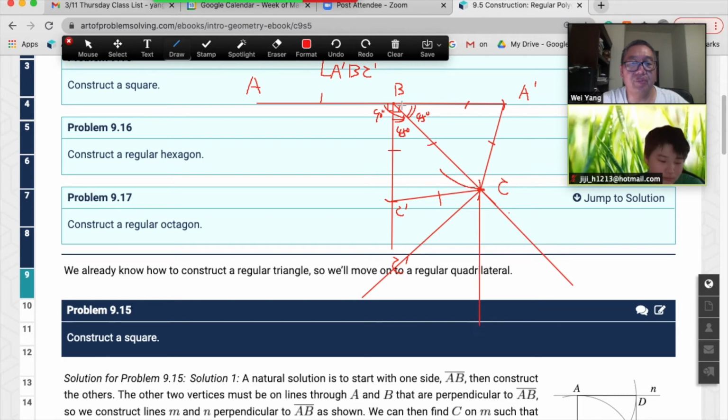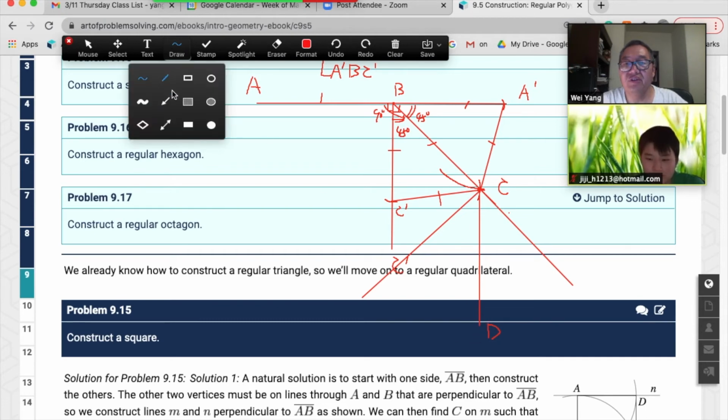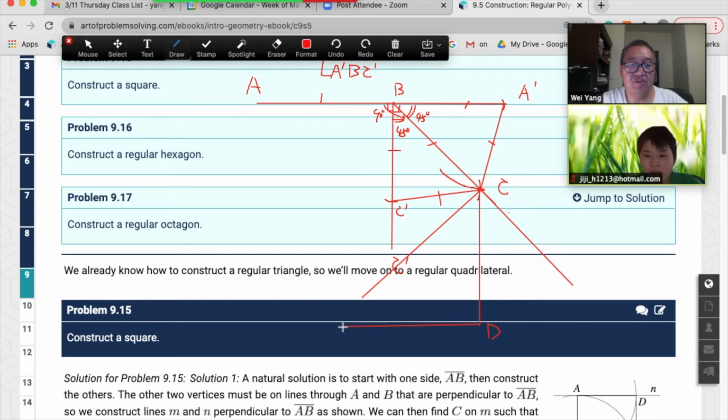Then you measure BC, and suppose that's CD. Then you start from D and repeat this process to build E. You still draw a perpendicular to CD, make it longer, extend it, then find the angle bisector, then measure CD, and suppose this one is E.